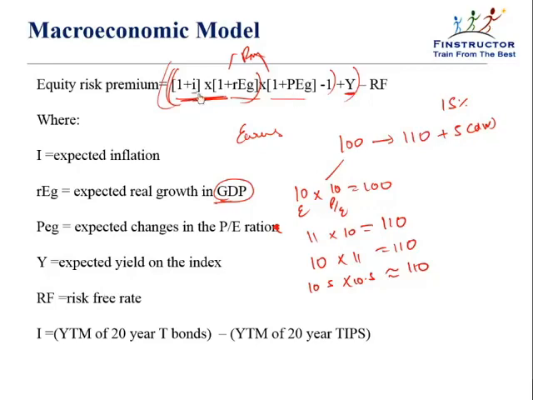So if we know the expected inflation and we know the expected GDP growth, then this is the expected earnings growth for the economy as a whole. And if the stock market is a good indicator of the economy, then the stock market's earnings should also grow by so much. Change in PE ratio is estimated by the analyst plus the dividend yield that can be known from the stocks present in the index minus the risk-free rate will give us the equity risk premium.